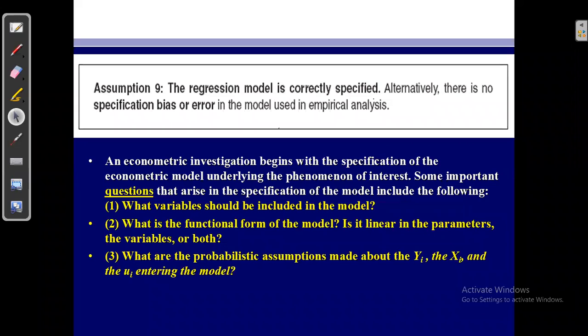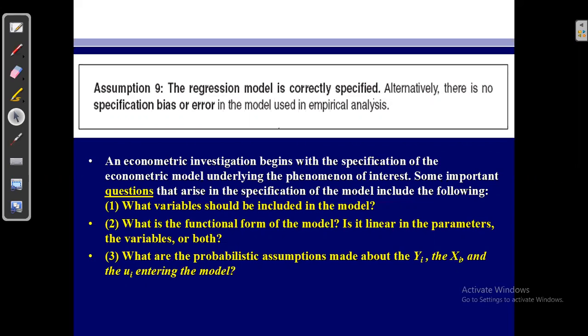For example, you may have considered a model which is linear also in variables, but maybe the correct specification requires that you should have taken log of x, or 1 over x in your model. You should have taken, for example, x square in your model, whatever. So assumption number 9 says that you should take that particular specification of the model which is the right specification.